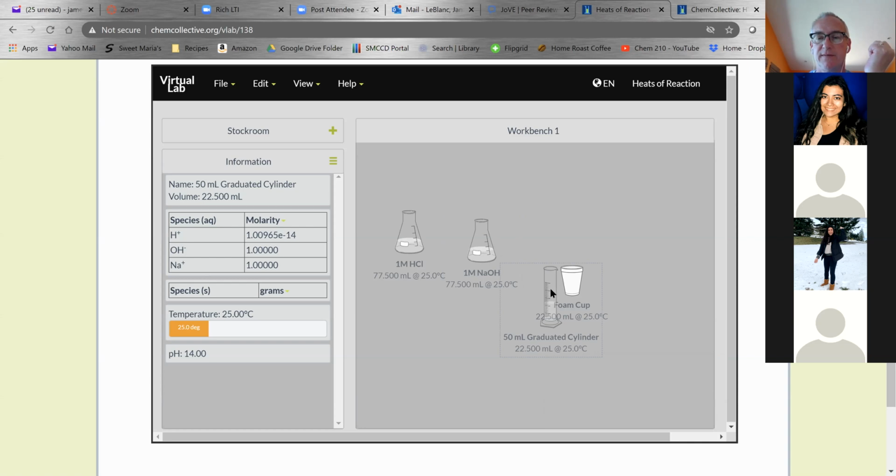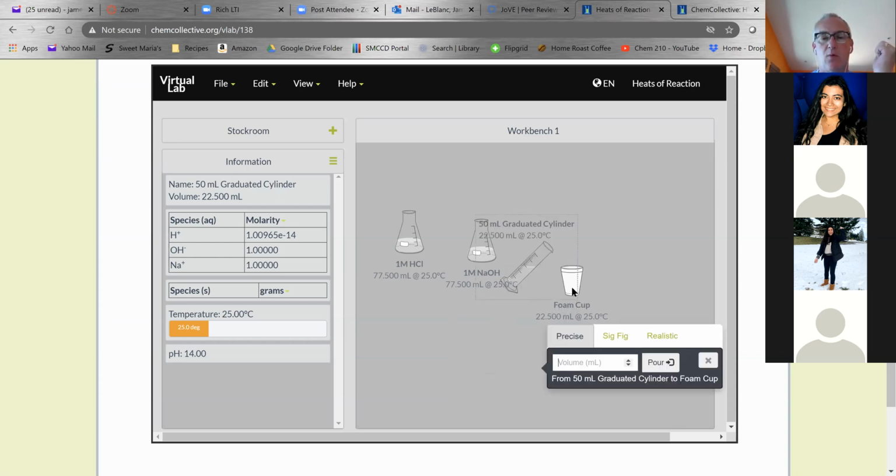So put that in there. Now notice everything was at 25, right? My acid was at 25, my base was at 25. So my initial temperature I can put down as 25. They're all going to be 25 degrees. All right, so now when I put in my sodium hydroxide, I will watch and see what the temperature goes to.